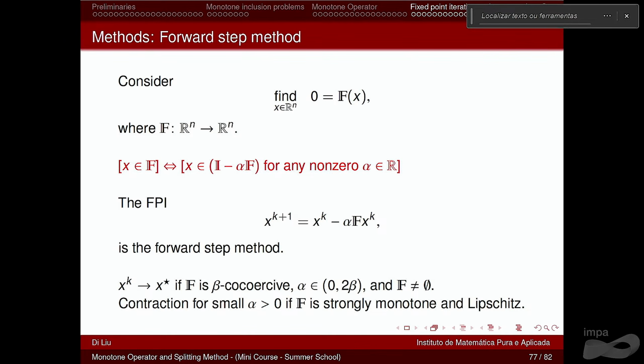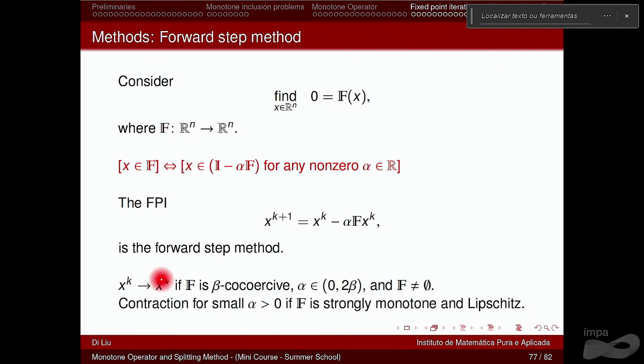The idea is the same, okay? We can get the solution by this fixed point iteration, and if f is beta co-coercive, then the whole operator, the identity minus alpha f, is averaged, okay?